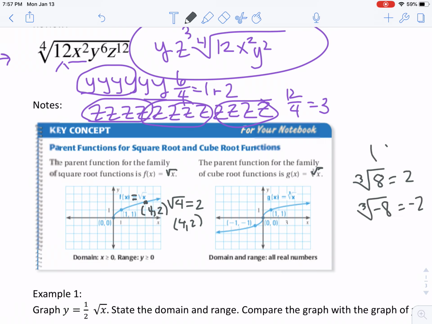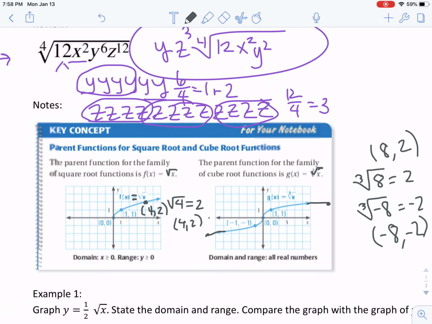So we're going to put 8, 2 on our parent graph, and we're going to plot negative 8, negative 2 as well. Those you're not really going to be able to plot on this, but on a 10 by 10 grid, they're going to be easy to plot. It's going to be somewhere over here and somewhere up here.